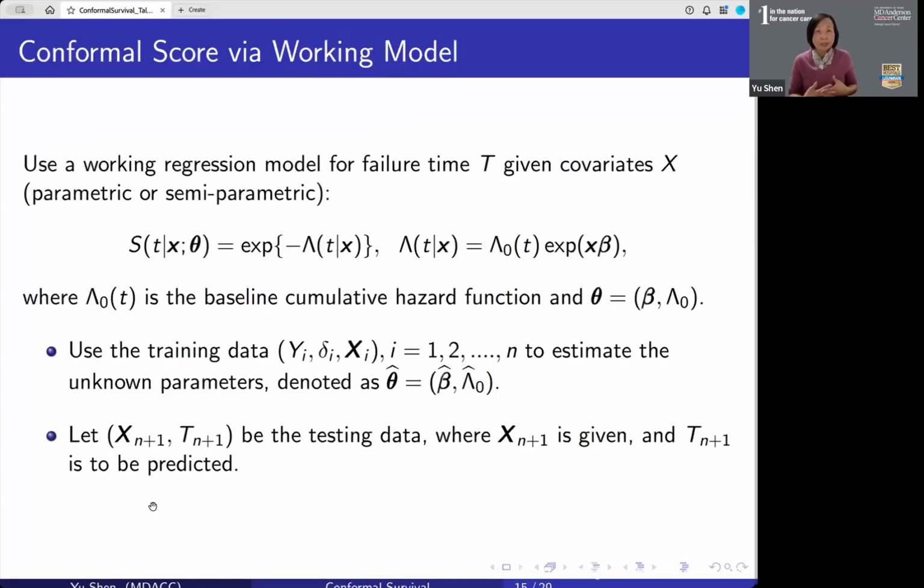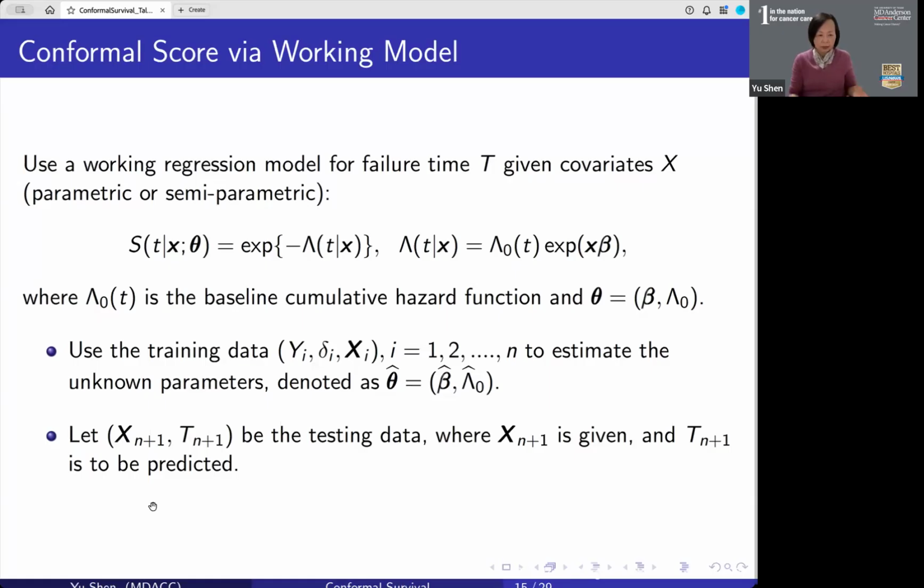So then the next step, well, we need a working model. A working regression model just associates covariates X and outcome T. You can use any parametric or semi-parametric models.